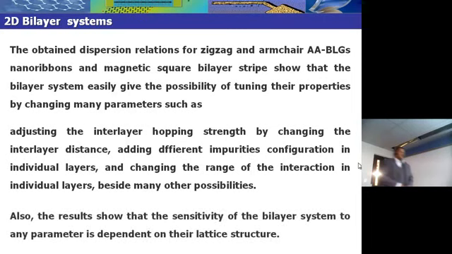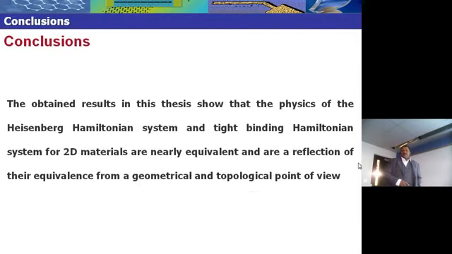Here, in the case of graphene, it's an electron, which is a fermion, and in the magnetic case, it is a boson, which is a magnon. Under short-range interaction with the nearest neighbor, when we have the same lattice, we have the same range of interaction, and when we talk in second quantization language, we found that it's very similar.